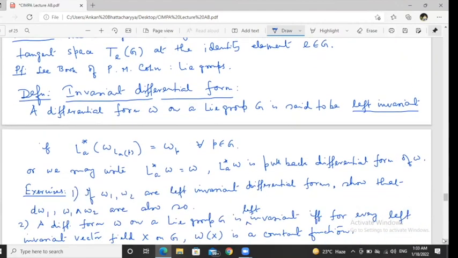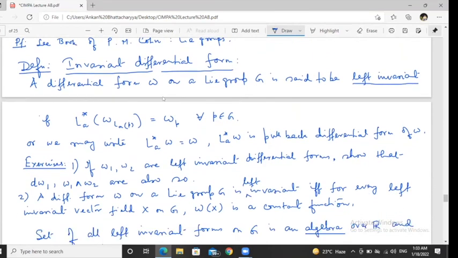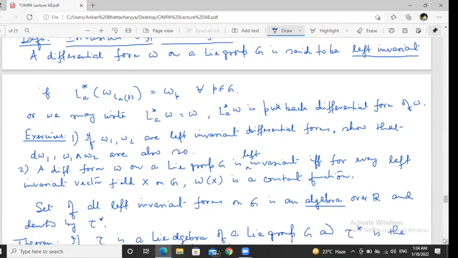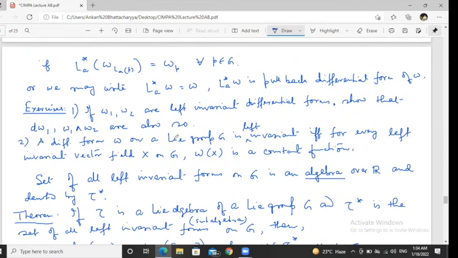Now, invariant differential forms. A differential form omega on a Lie group G is said to be left invariant if L_a* omega at L_a(p) equals omega at p. It is called a left invariant differential form: L_a* omega = omega. Similarly for right invariant.